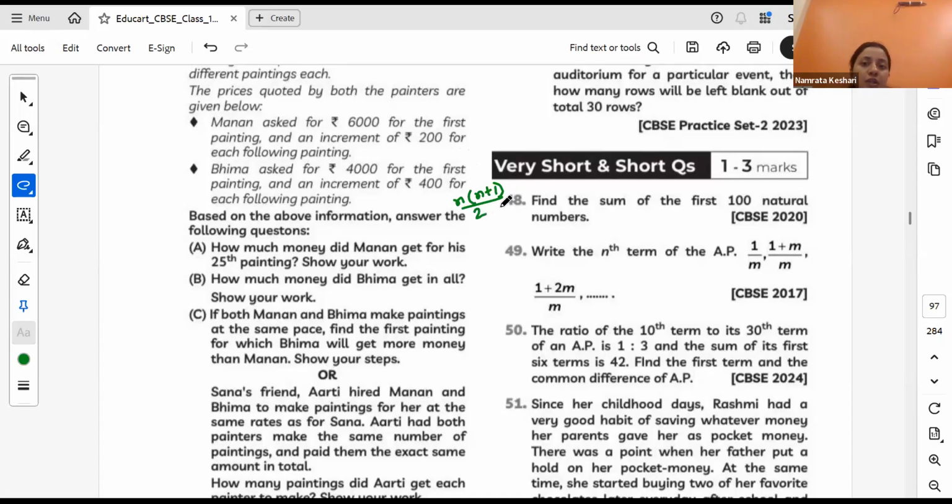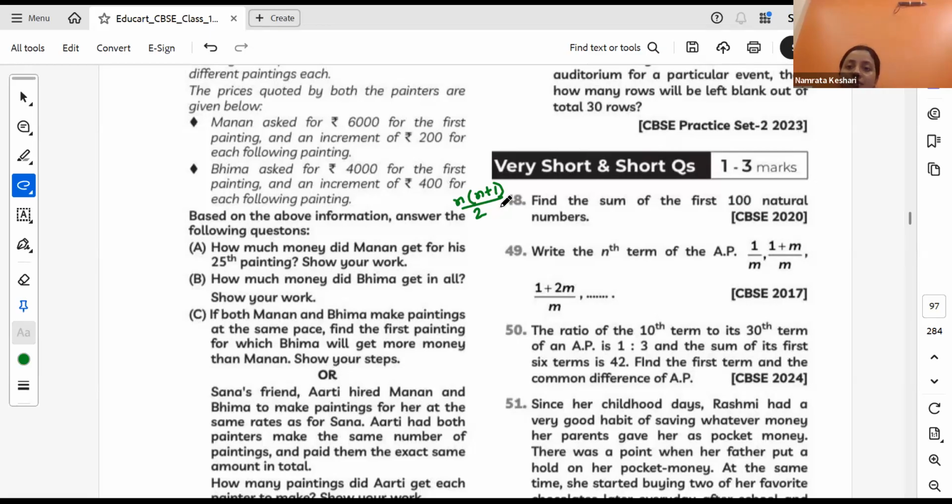You can use the sum of n terms of an AP formula, or maybe you can use this formula. If you are seeing this formula which I have written on the screen for the very first time, then be clear that you may encounter this formula.